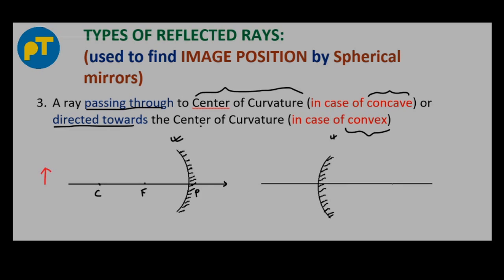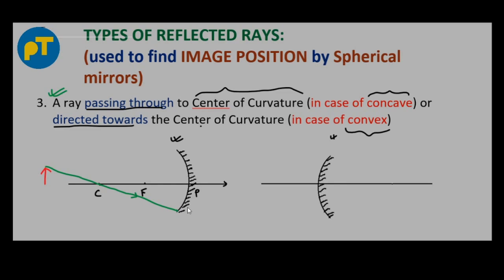It's not necessary that we use an object for explaining this point, but for easy understanding I'm using it. Okay, so let's take the ray of light which is passing through the center of curvature and it strikes somewhere here. It is incident at this point.